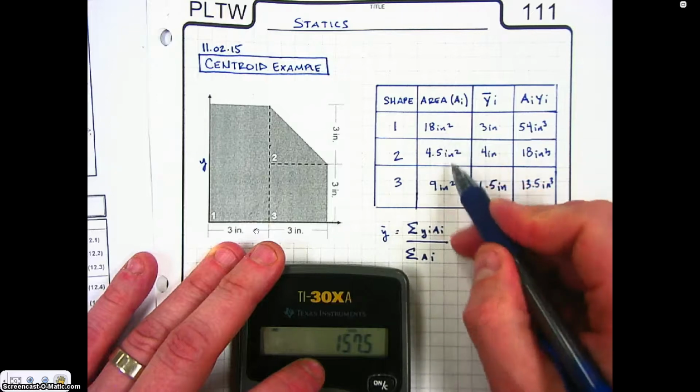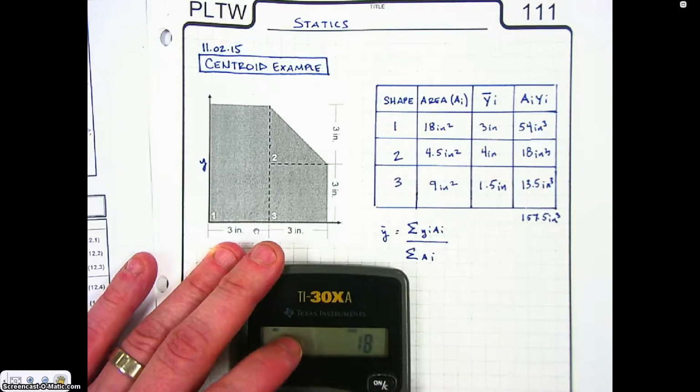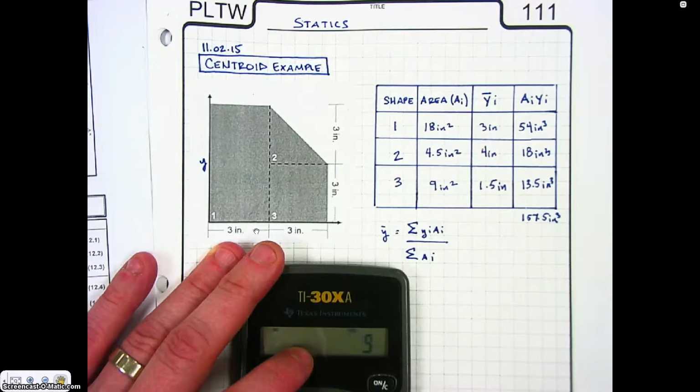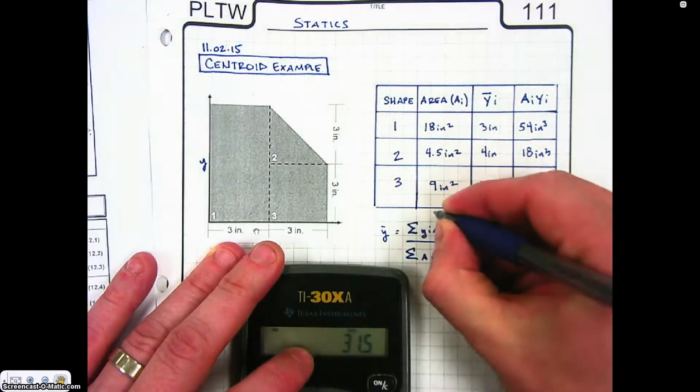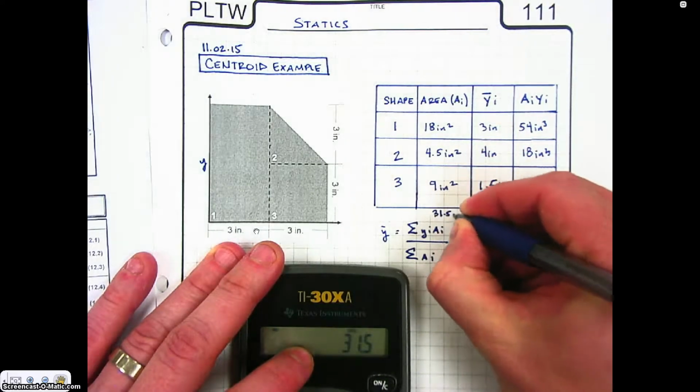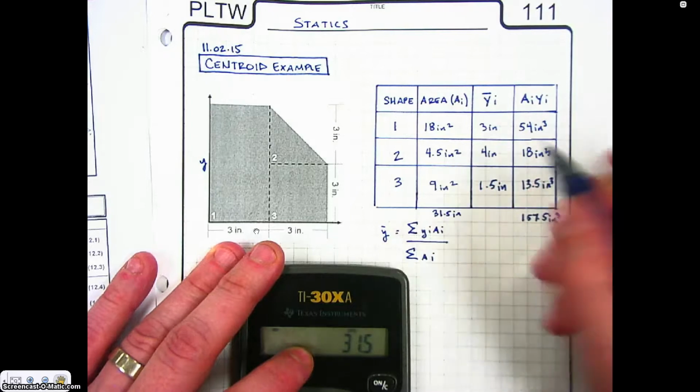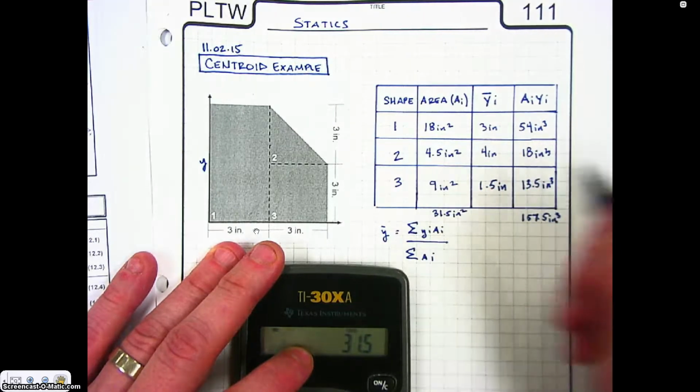If I add up the areas, 18 plus 4.5 plus 9, that gives me 31.5 inches squared.